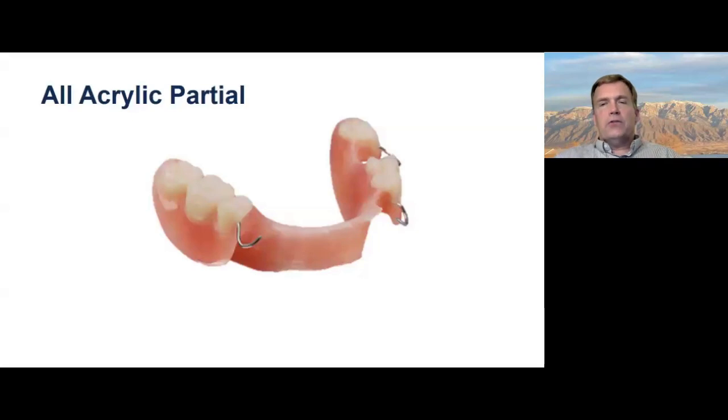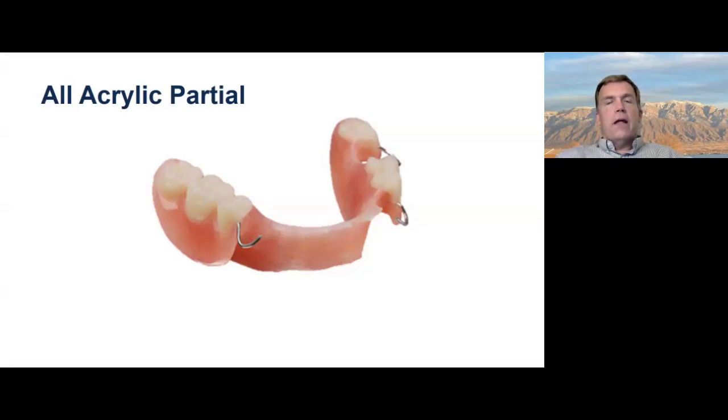All acrylic partials. Sometimes these are called treatment partials, temporary partials, flippers. They're made entirely of acrylic with no frame. If they have clasping, usually they have a wrought wire or a ball clasp embedded in them. The acrylic of the partial itself is used for reciprocation, and they can't have rests.